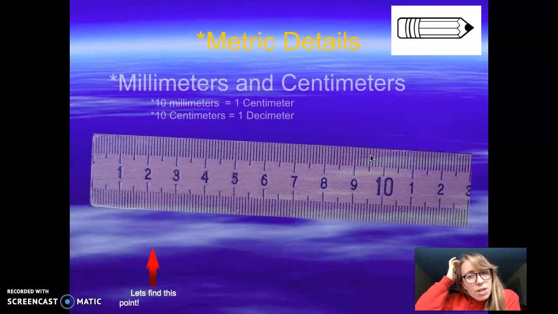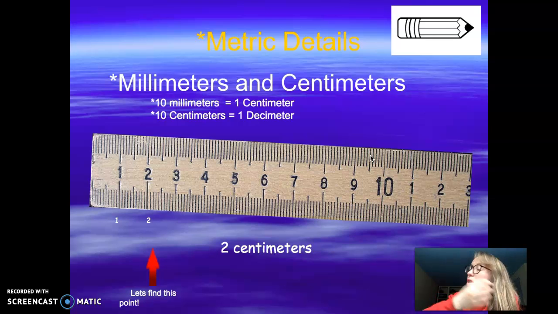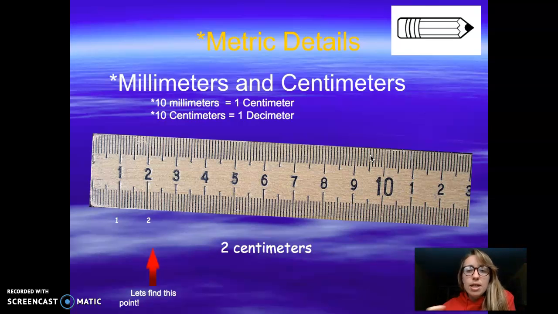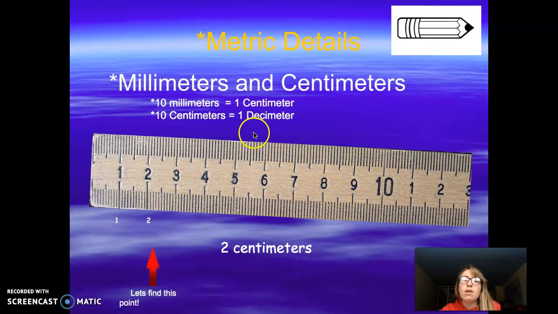I'm going to break this down just a little bit more. Again, you don't need to be writing this unless there's stuff that you are not familiar with. So I think you guys mostly know about millimeters and centimeters. We've talked about this a little bit.